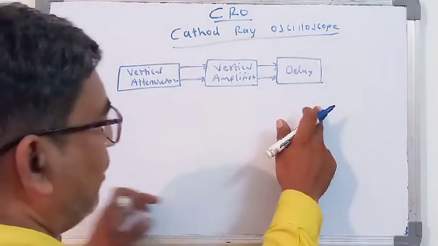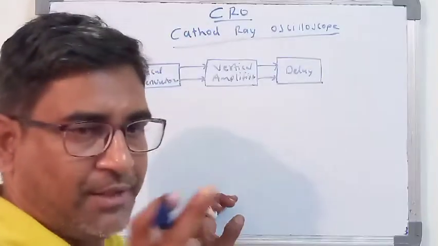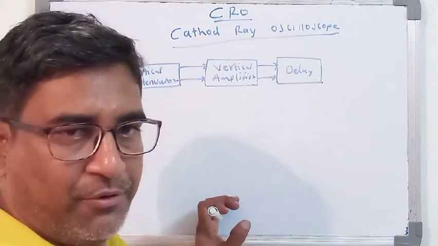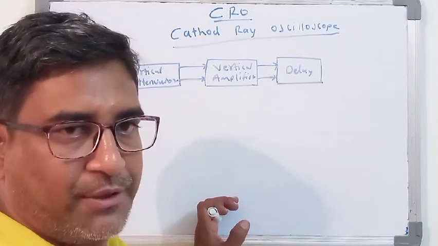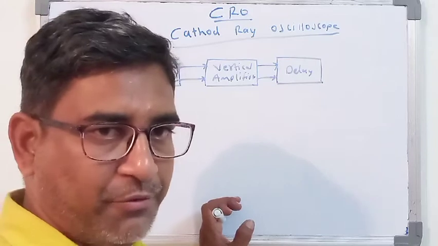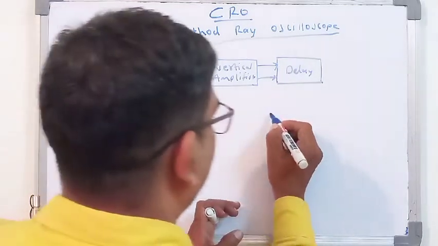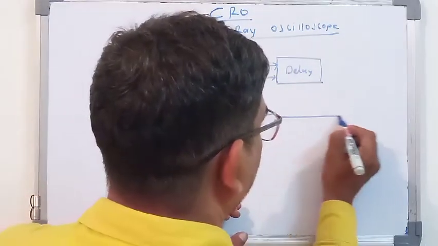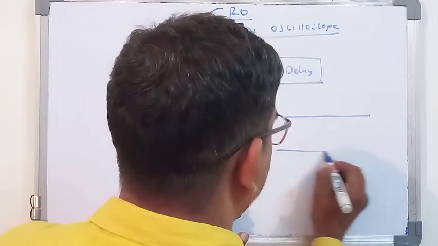Apart from these three blocks, as I told you in the earlier topic, the CRO also consists of a CRT tube. So here we are going to draw the CRT tube. It will look like this.